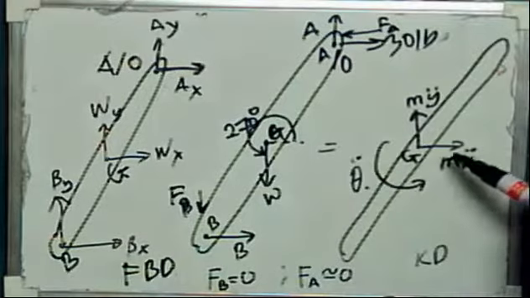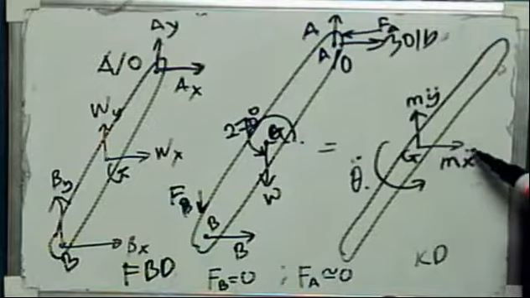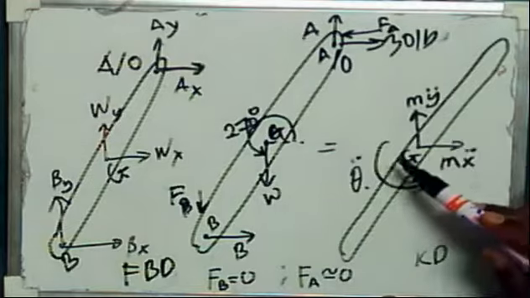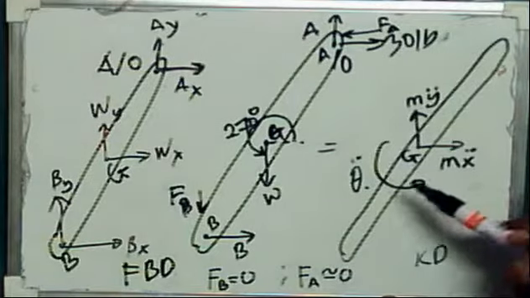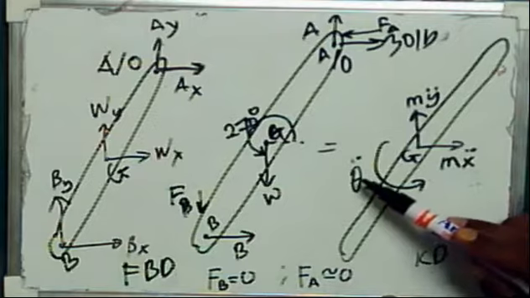The equivalent kinetic diagram for this geometry: the slender body will have components in the X and Y directions, and we expect there will also be some rotational motion, and the angular acceleration here is also unknown.